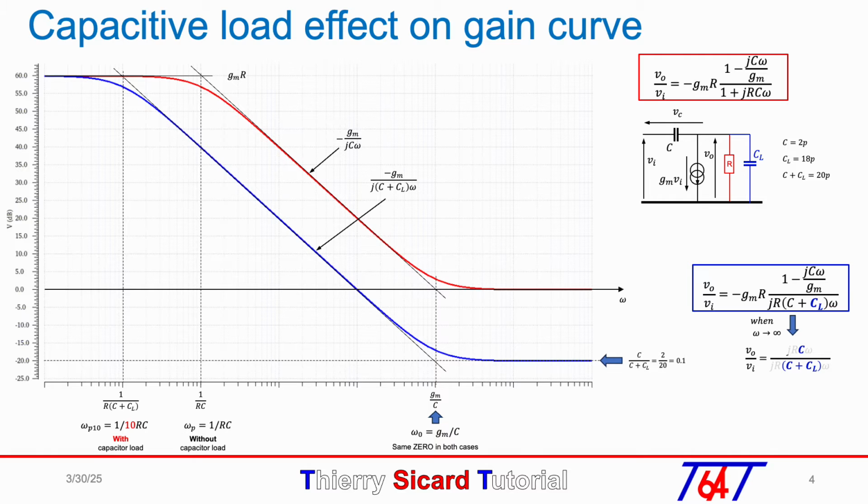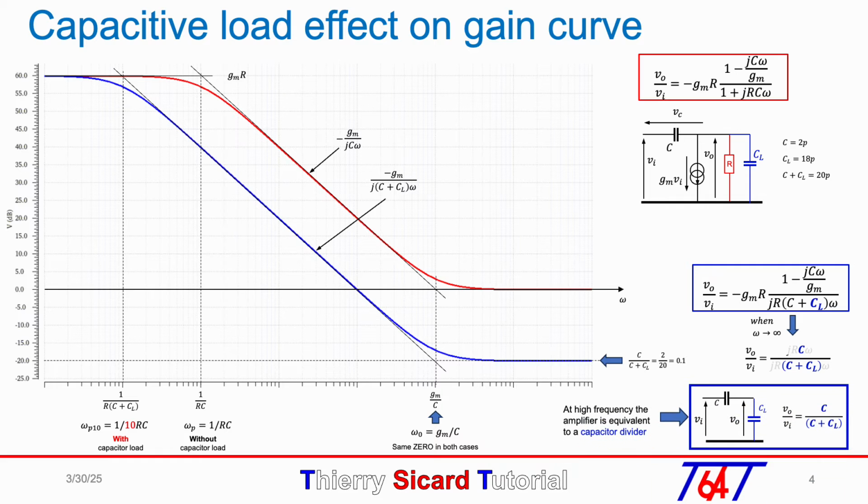Since C equals 2 picofarad and CL equals 18 picofarad, the total capacitance is 20 picofarad and the gain is equal to 0.1 or minus 20 dB. In fact, at high frequency, the amplifier circuit is equivalent to a capacitor divider. Now, of course, if CL goes to 0, the blue curve will come back to the red one.